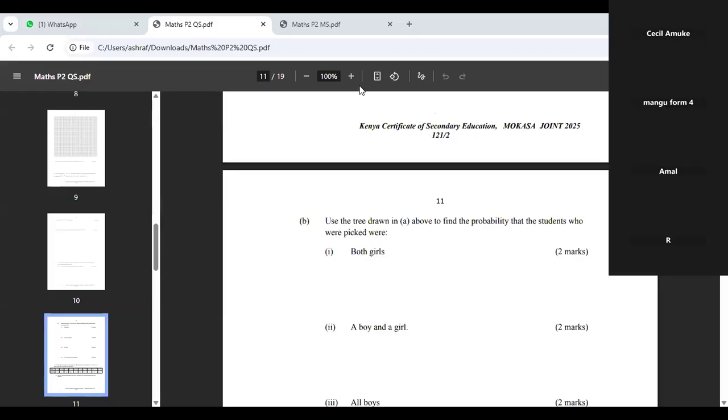Yes, Cecil. 5 all over 42. 5/42. Do you have 5/42? So the answer is 5/42. Just go to your tree and pick GG, then multiply the probabilities.